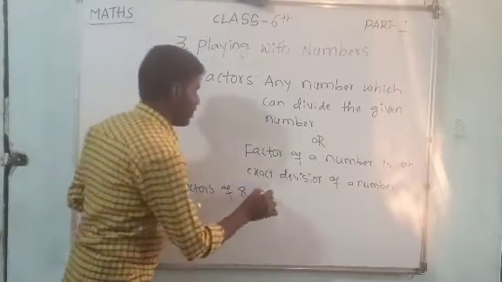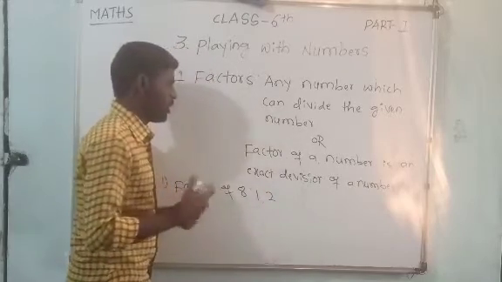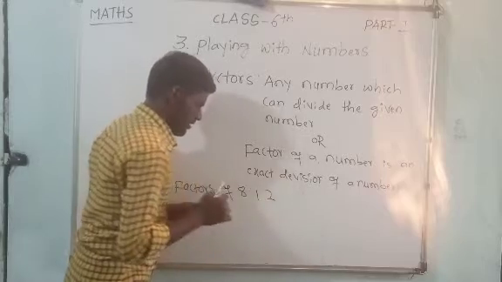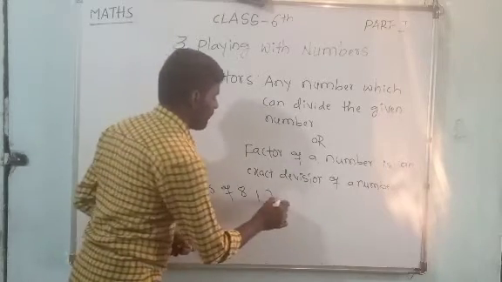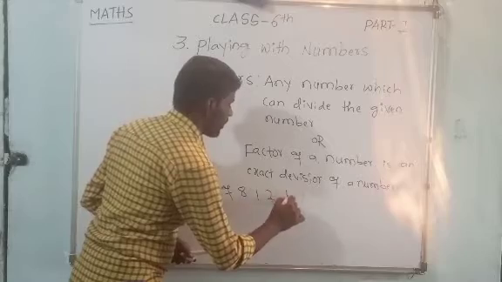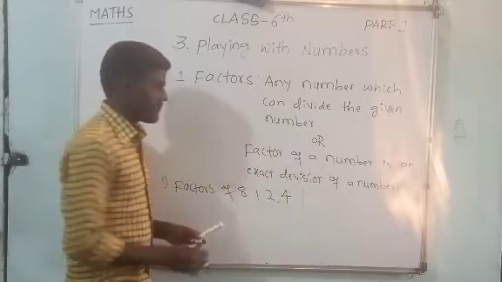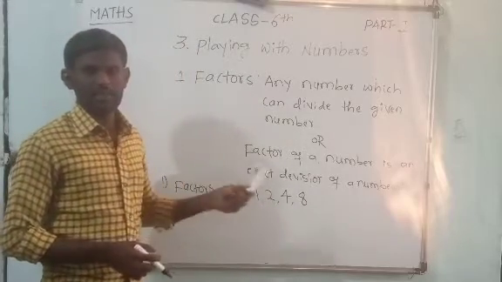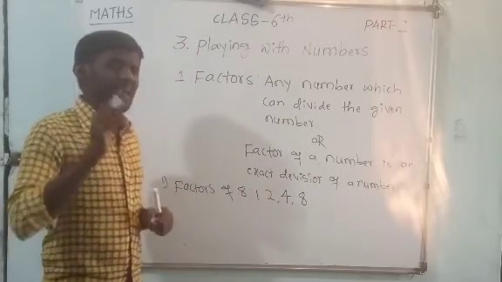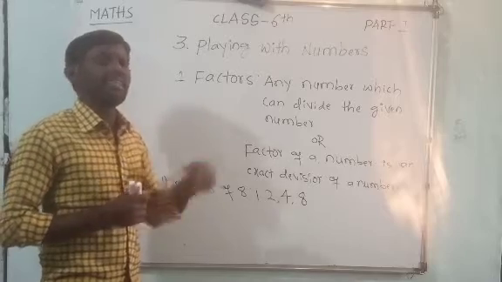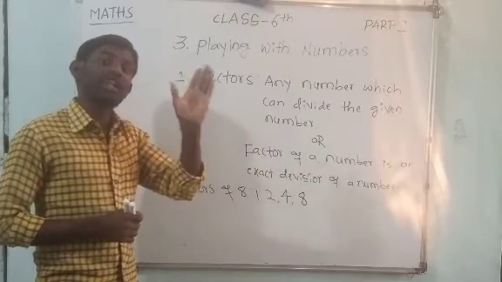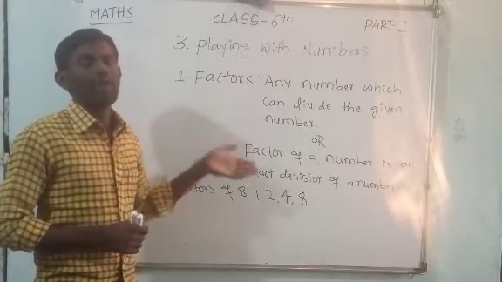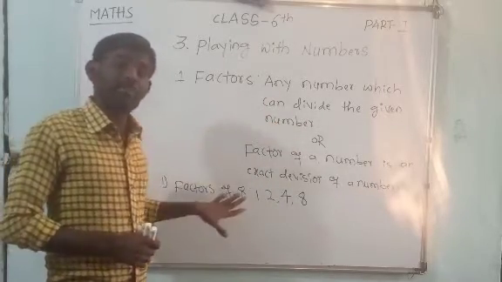Then 2 is a factor of 8. Then 4 is a factor of 8. Then 8 itself is a factor of itself. I told you, a factor means any number which can divide the given number exactly, or a factor of a number is an exact divisor of the given number.